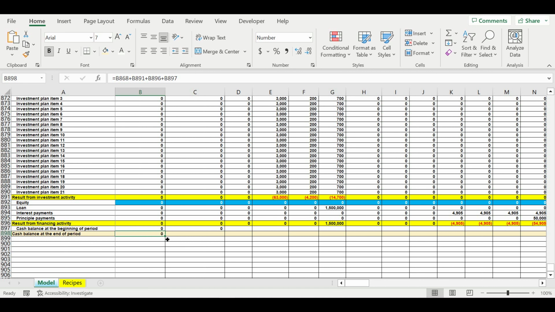And now let's just extrapolate these cells to the right. So you can see how this value becomes the beginning balance here, this becomes the ending balance here, and this moves like this. Now let's extrapolate this formula to the right.